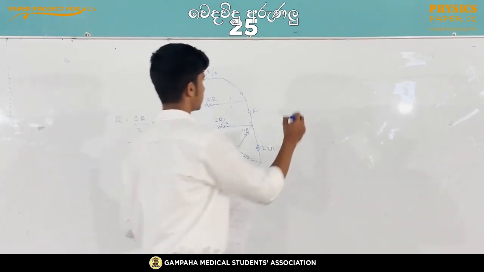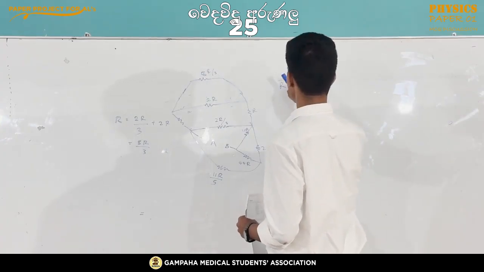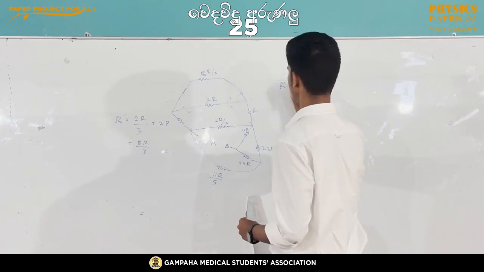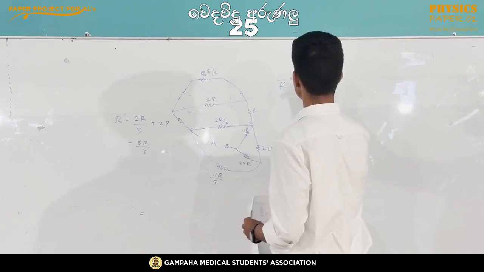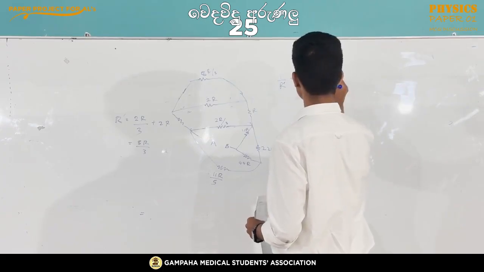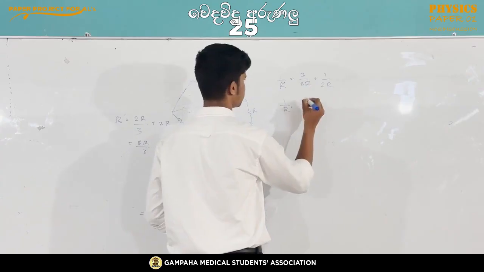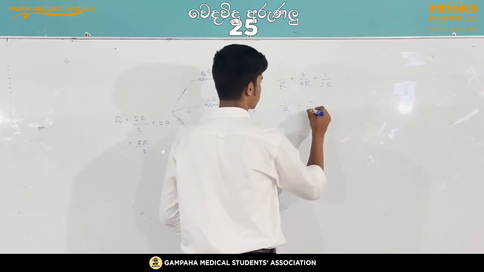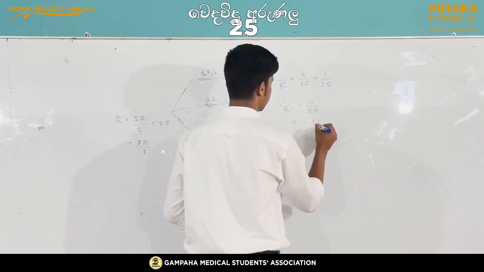So for that we can use 1 over R dash, which is the equivalent resistance of these two resistors, equals 3 over 8R plus 1 over 2R. 1 over R dash is equal to 7 over 8R. R dash is equal to 8R over 7.